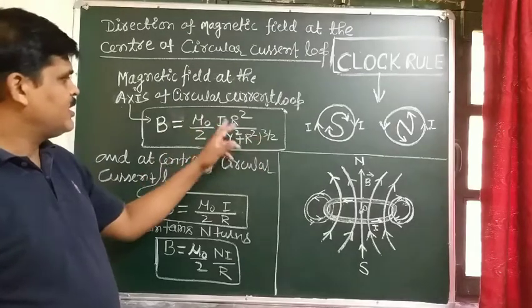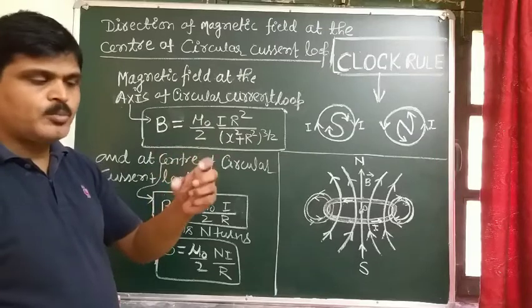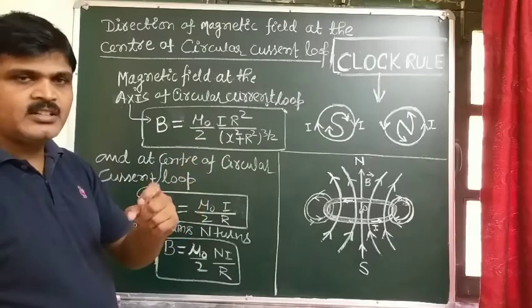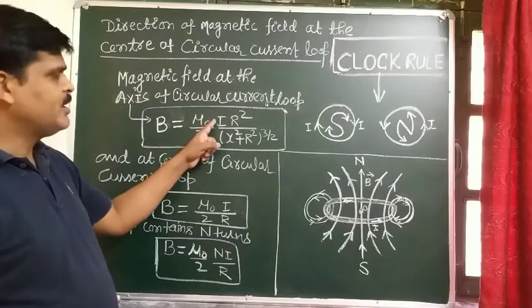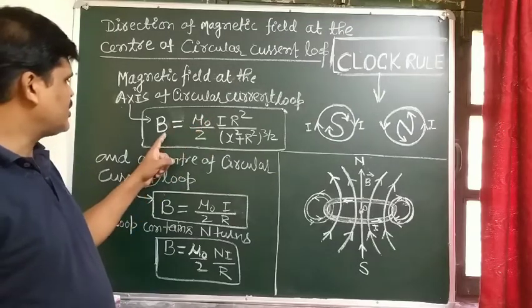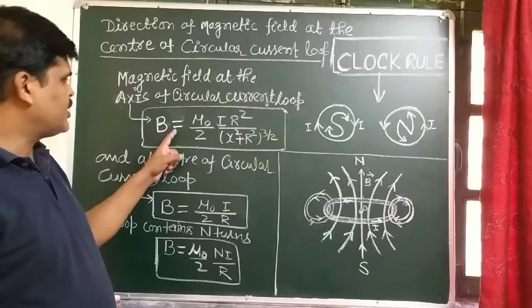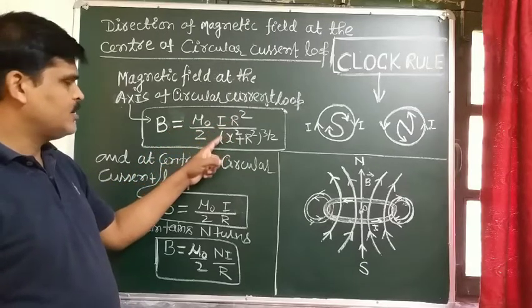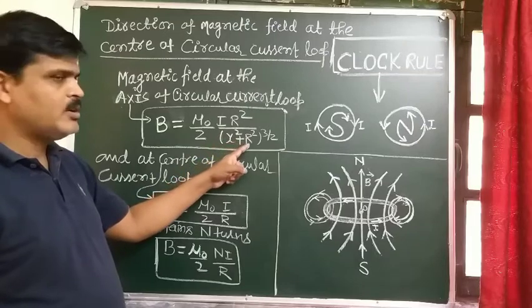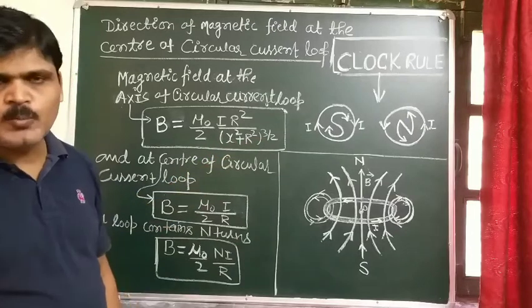And student, if this circular current loop contains n turns, then in this formula we multiply n times. So the formula comes out to be B equal to mu naught by 2 n I r square by x square plus r square whole to the power 3 by 2.